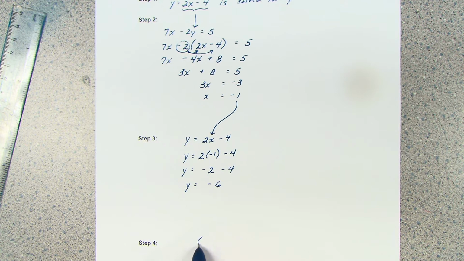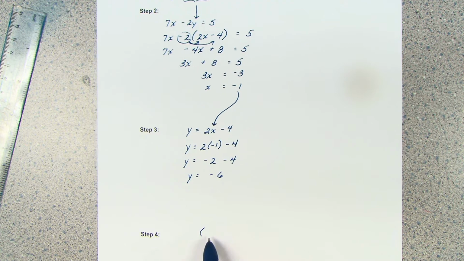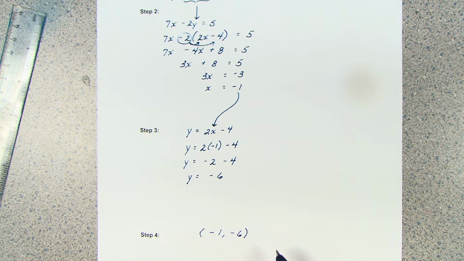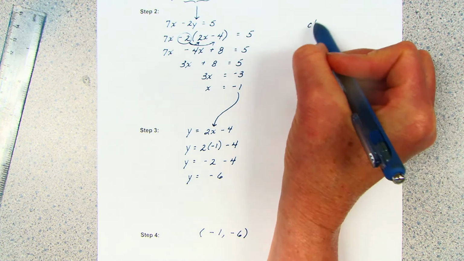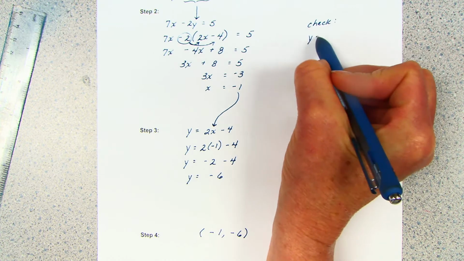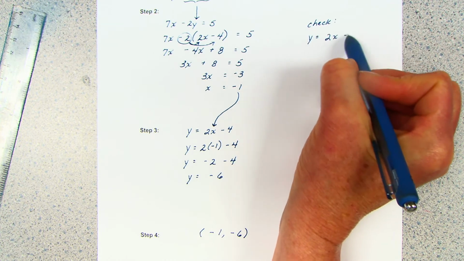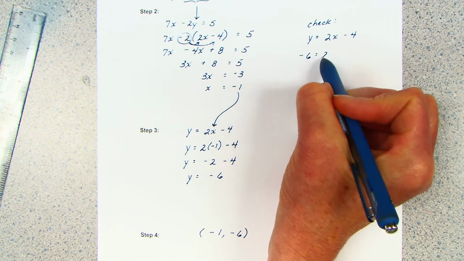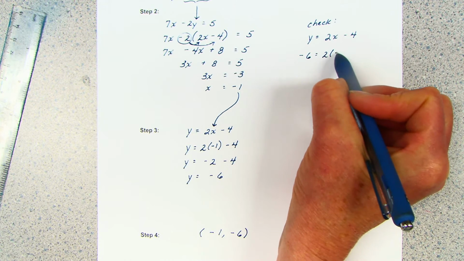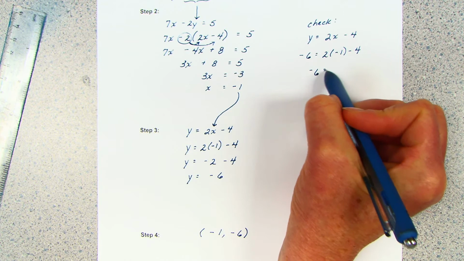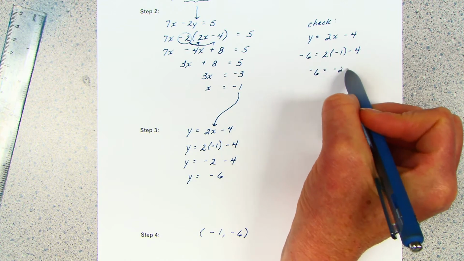And then my step 4 is just to write the ordered pair, which is negative 1, negative 6. And then I need to check. y equals 2x minus 4. My y is negative 6, equals 2 times negative 1 minus 4. This is negative 6 equals negative 2 minus 4.